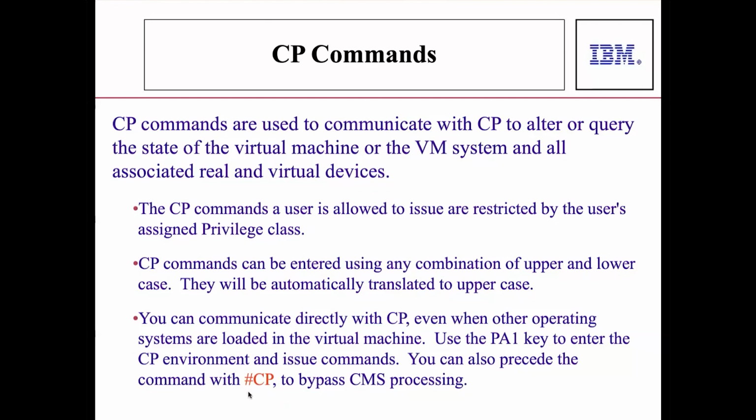So, you've seen instructions that say enter pound CP disconnect to disconnect. Well, that basically bypasses any operating system like Linux, so you don't have to go through the Linux command processing. It says, I want to tell CP this is what I want to do. I want to disconnect my console from my virtual machine, and that's what happens. So that's another way to always directly communicate with CP. This character can actually be changed, if there's a reason that you need to enter a pound sign, a hash sign, on a command. But that's the default, the hash or pound sign.